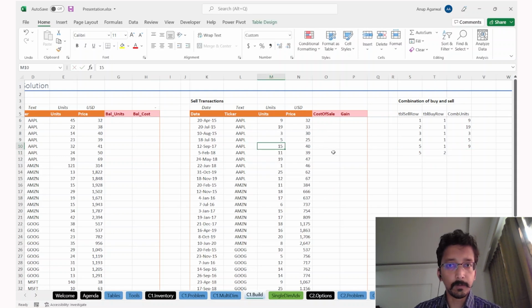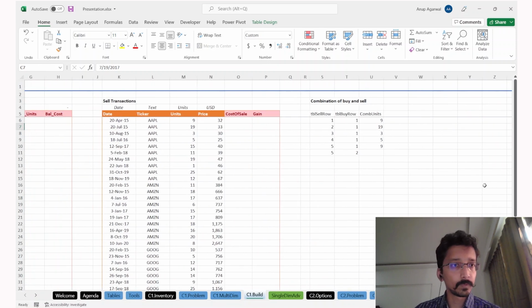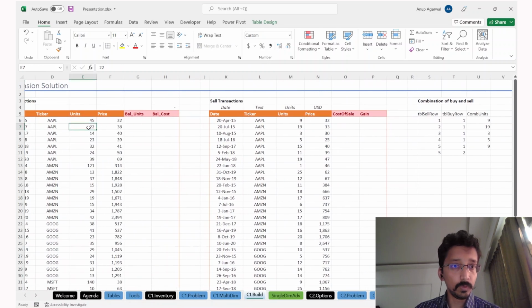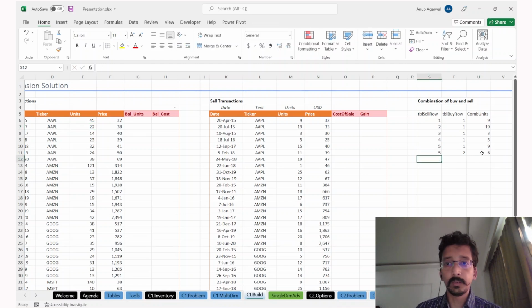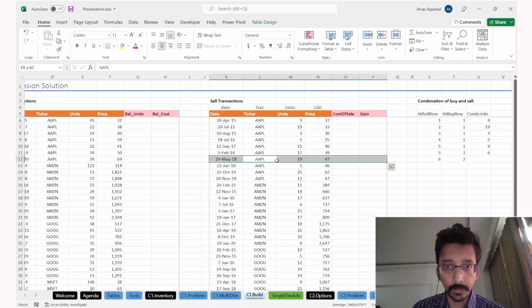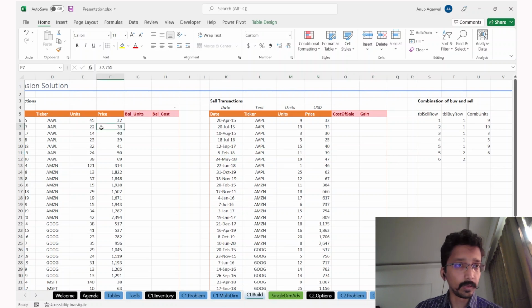So of the fifth sale, 15 and 9 has been allocated, so we have 6 units left. The second purchase was 22 units, so these 6 units can come from here, and then the sixth sale from the second unit, I think it's this transaction, and I think it would be like all of them, and so on.